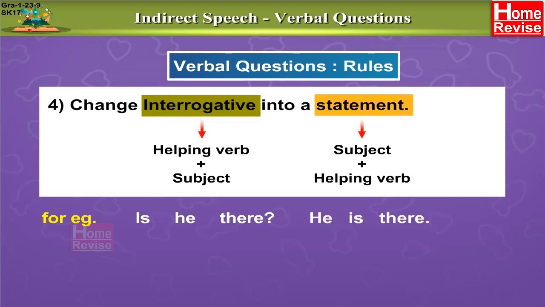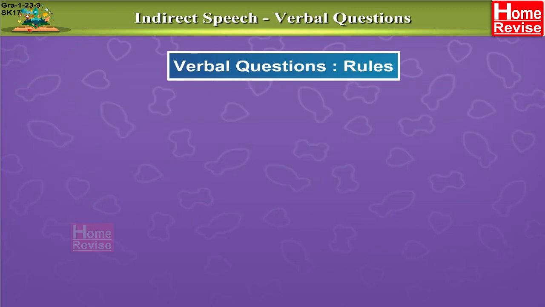But in indirect speech, we know that present tense is changed into past tense. So in reported speech, is he there becomes he was there. Full stop. We have changed it into a statement. Let's understand another case.